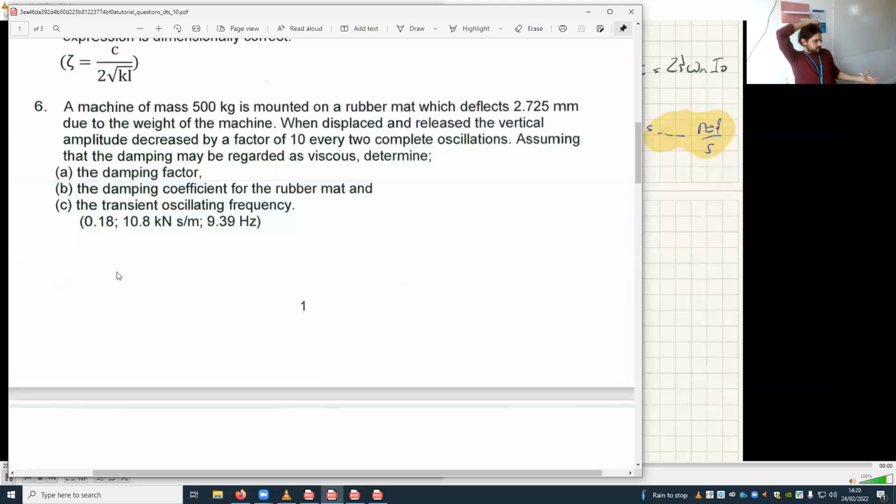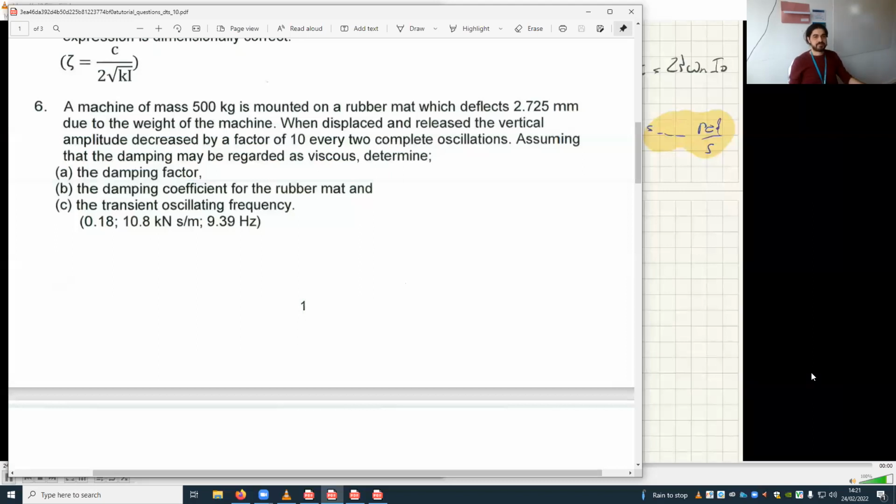You agree? So I'm right here that An over An plus 2, this ratio, is 10 to 1, just 10. Assuming that we have viscous damping, determine the damping factor, that's zeta. Determine the damping coefficient, that is C, and determine the transient oscillating frequency, that is omega d.